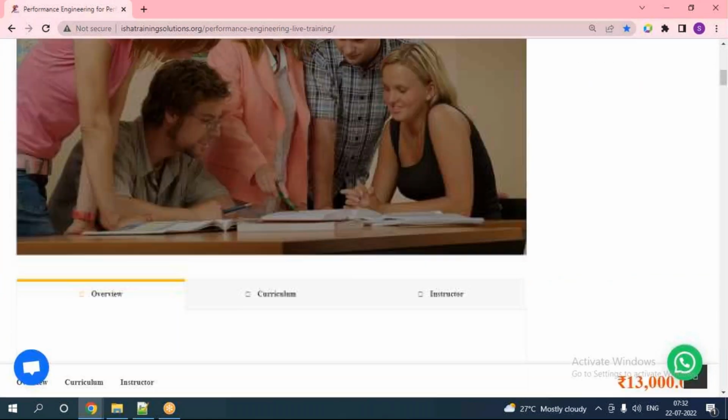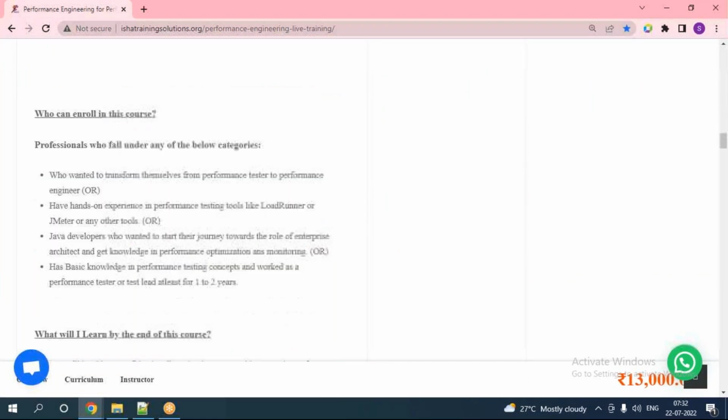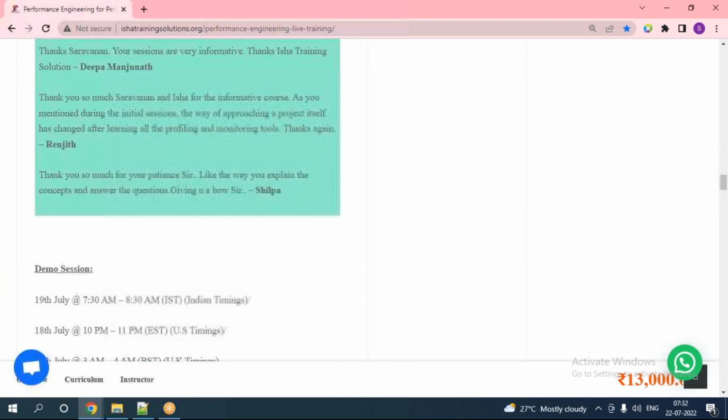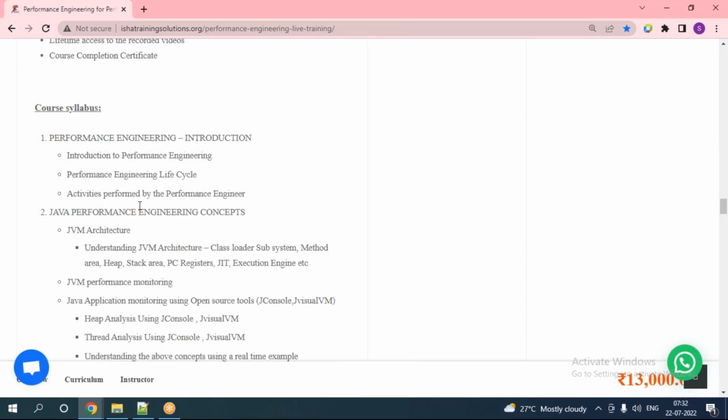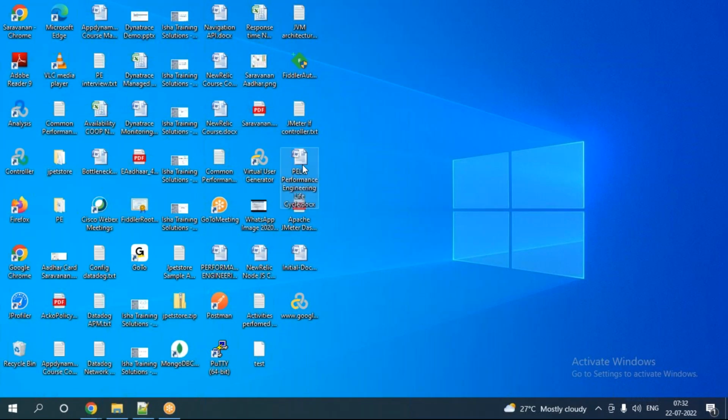We already started our discussion, started discussing about important things. So we are into the performance engineering life cycle. So I'll quickly open the engineering lifecycle document.